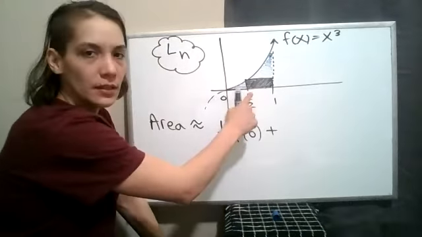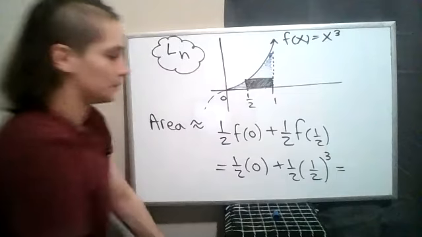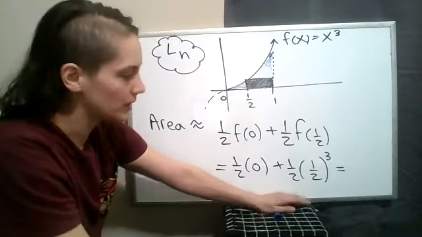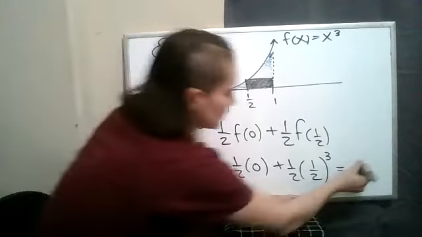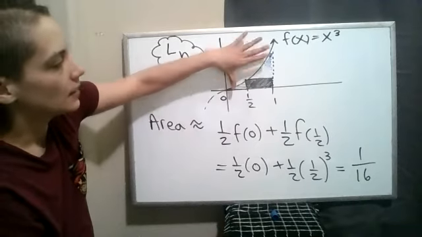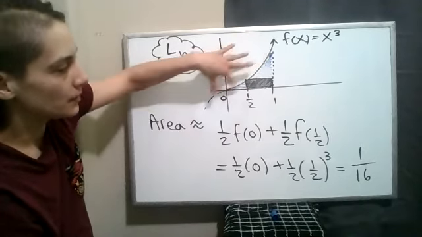And that would be 1/2 times 0, add 1/2 times 1/2 cubed. So 0 plus 1 over 2 to the 4th, which was 1 over 16. Okay. And then a little note on the side. This area under the curve, we're going to call A, is greater than the area of the rectangles.